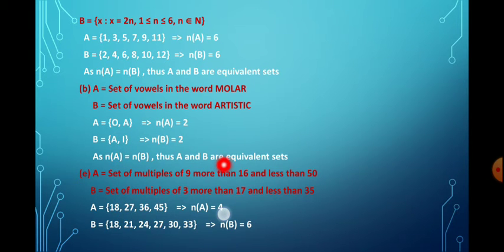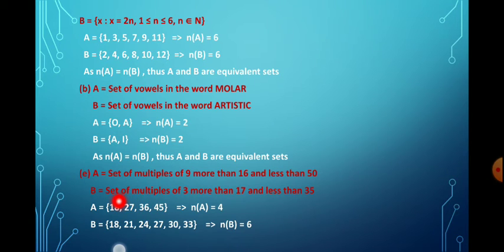Number E, A is equal to the set of multiples of 9 more than 16 and less than 50. So let us write it in the roster form. A equals to, so multiples of 9 more than 16 and less than 50 is 18, 27, 36, 45. So the cardinal number for set A is 4. Set B, set of multiples of 3 more than 17 and less than 35.